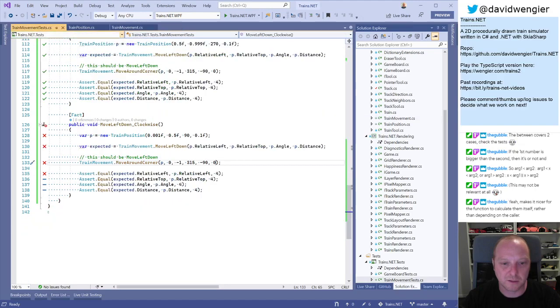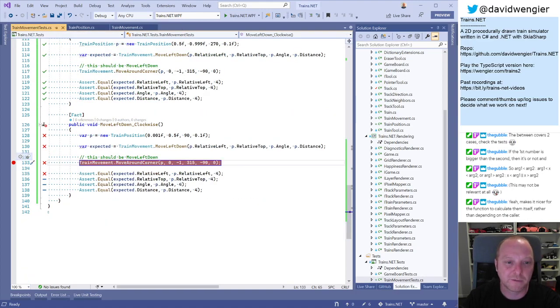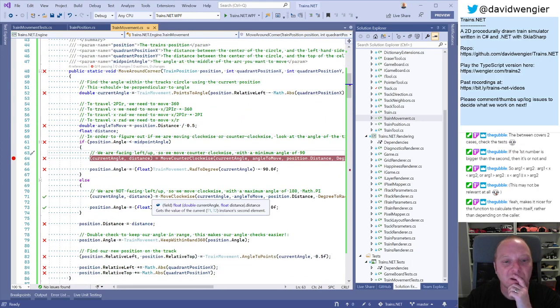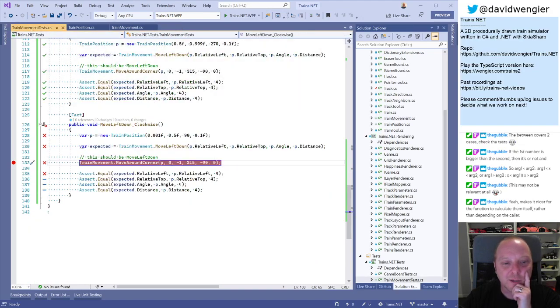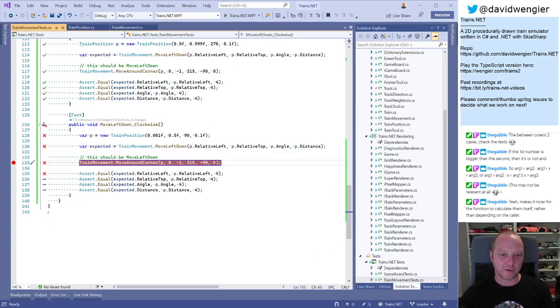Maximum passing is 0, which is the same. So, I wonder if this, yeah. See this? This is covered by 1 test, and it should be covered by 2. So now this line is the problem. Okay, so what I've said there is the angle is less than 315. The angle is less than 315. That's clearly wrong.